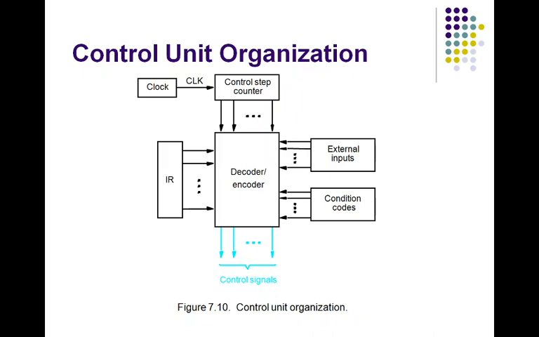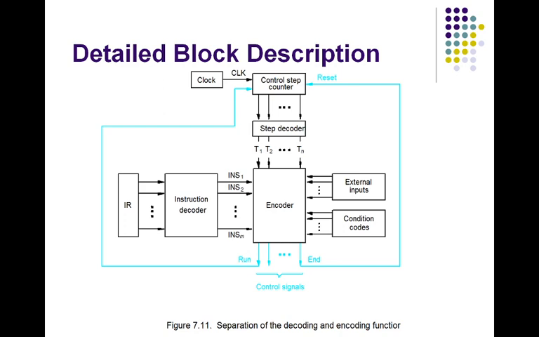To gain insight into the structure of the control unit, we start with a simplified view of the hardware involved. Here, as you can see, one component is a decoder or encoder block. This block is a combinational circuit that generates the required control outputs depending on the state of all the inputs. By separating the decoding and encoding functions, we obtain a more detailed block diagram, shown in the next figure.